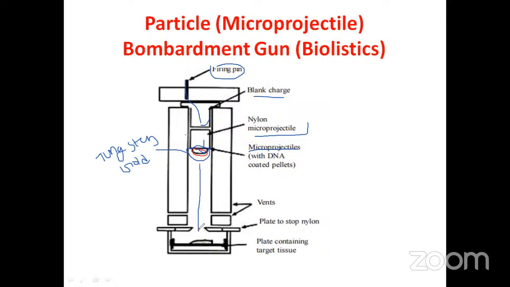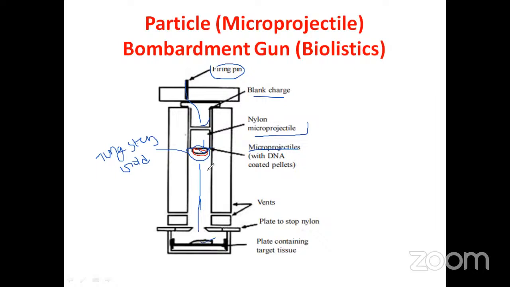At the base of this instrument, one plate containing the target tissue is placed just below the instrument. When you apply the force, it creates high velocity, and the particles forcibly enter the plant tissues.